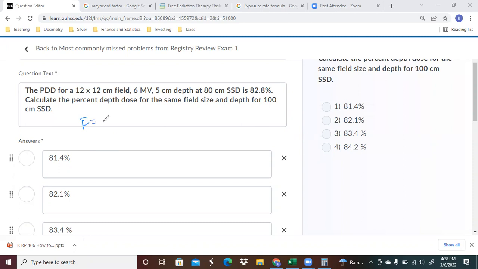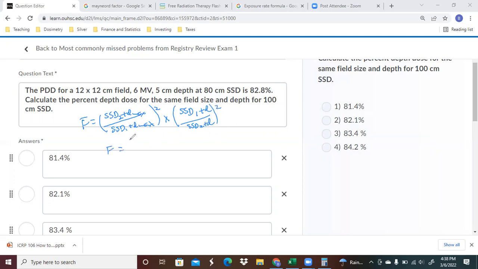So again, our Mayneord F factor here is going to be SSD2 plus Dmax divided by SSD1 plus Dmax. All this chunk gets squared. And then over here, we've got SSD1 plus D over SSD2 plus D, squared.